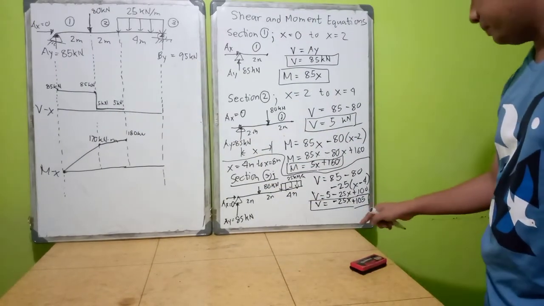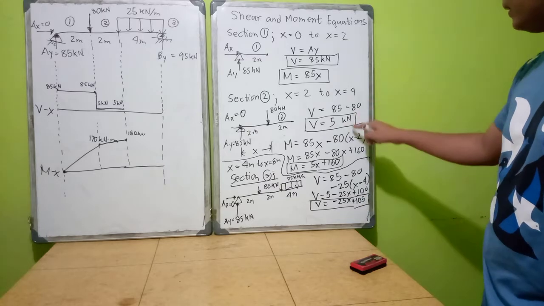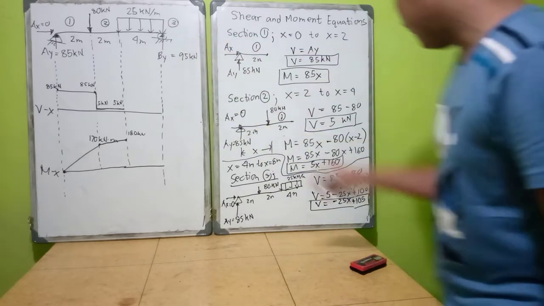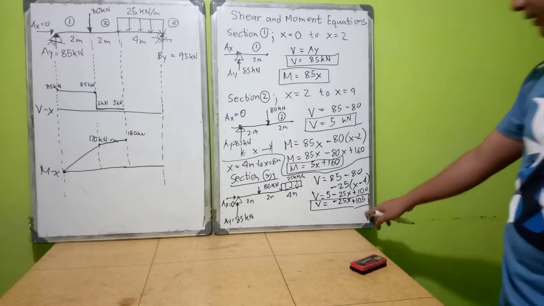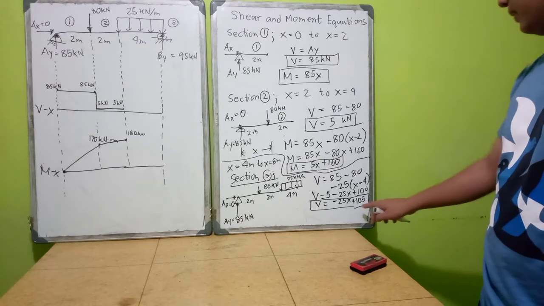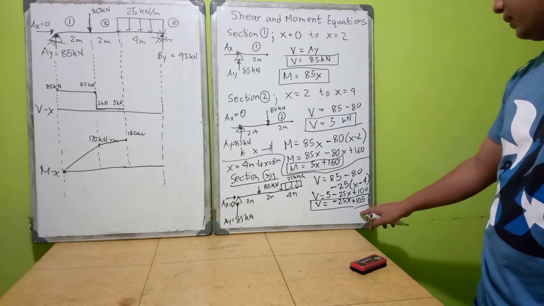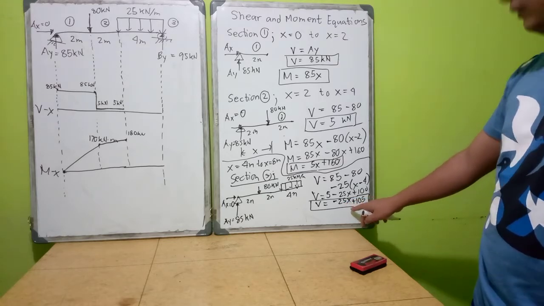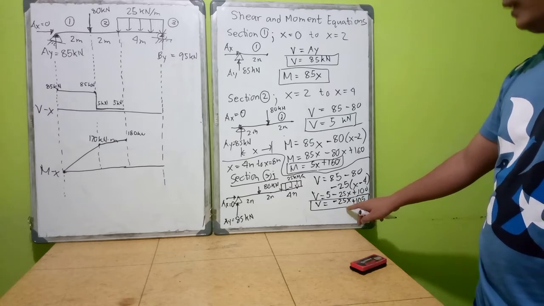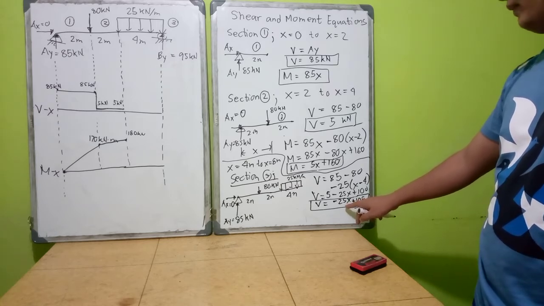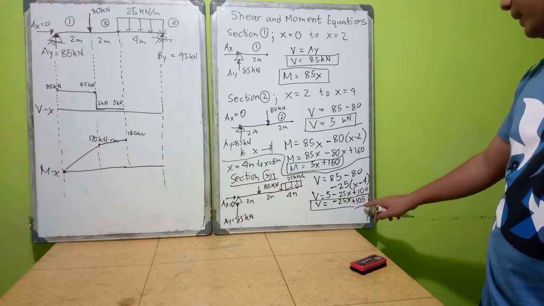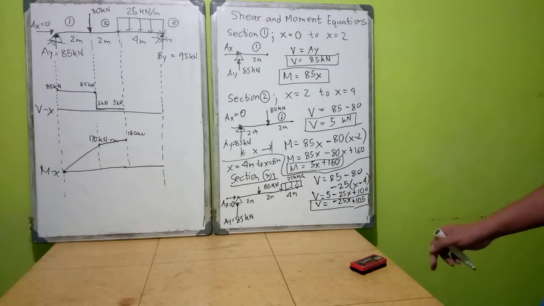But if your x is equal to 8, which is the end of this distributed load, 8 times negative 25 is negative 200, plus 105 is negative 95.